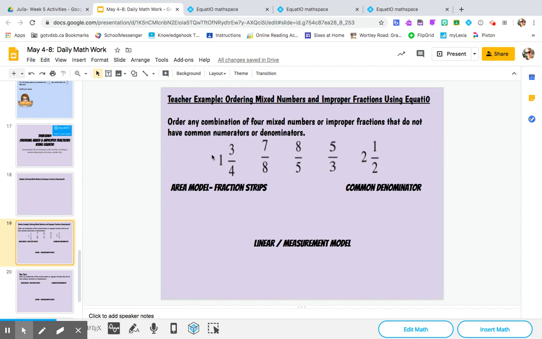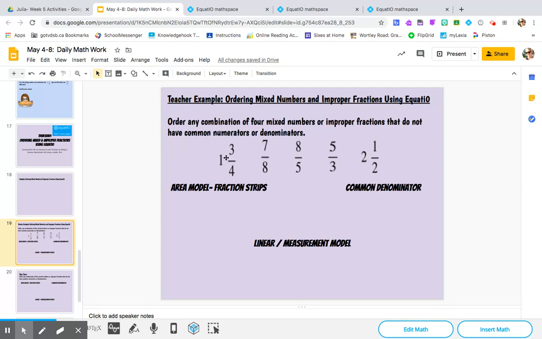We have been given 1, 2, 3, 4, 5 different improper fractions or mixed numbers. When we're given such a big set like this, we are always going to start by looking for any of the outlier numbers. Anything that is less than 1, greater than 1, greater than 2, to see if there's any obvious answers.